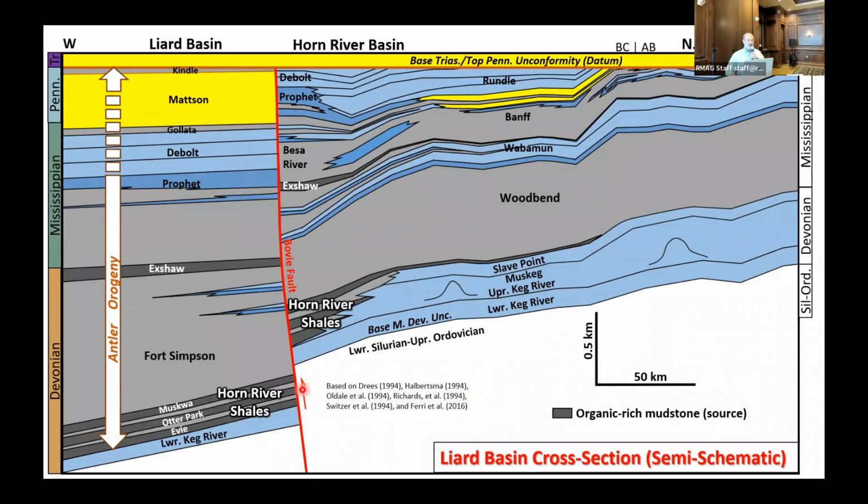But you see these Horn River shales, the Muskwa, Otter Park and Evie, and they're restricted to the foredeep, and they're basically onlapping and overlapping and thinning the equivalent carbonate platforms of the Keg River and Slave Point. And the Exshaw, which is much more widespread, a source rock in the basin that sources a lot of the conventional oils, thins tremendously once it comes out of this foredeep. And so, same old, same old.